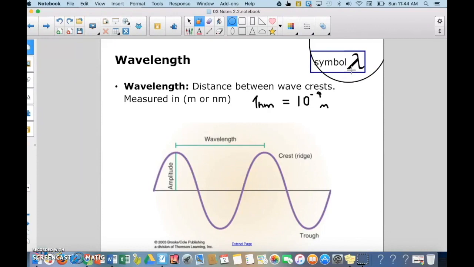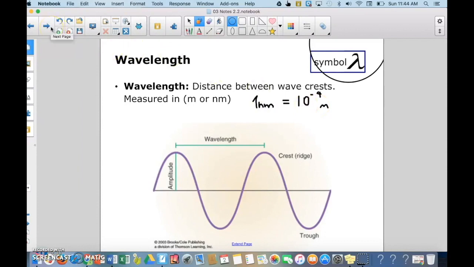All right, so now we know that light is part of the electromagnetic spectrum, that light behaves like a wave as well as a particle. And if we're talking about waves, the first characteristic we're learning is that wavelength is the distance between the two crests of a wave. It's measured in length units, which is going to be either nanometers if it is very small or meters if it is a little bigger.